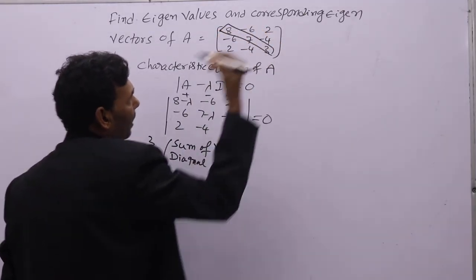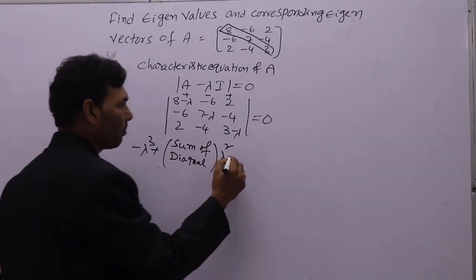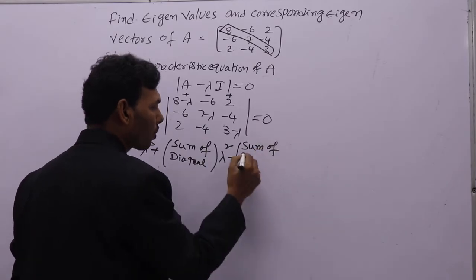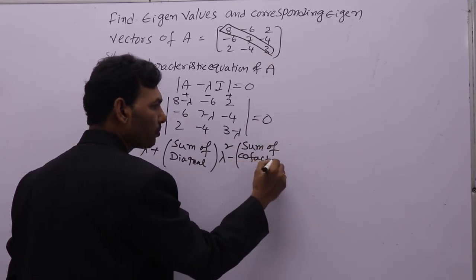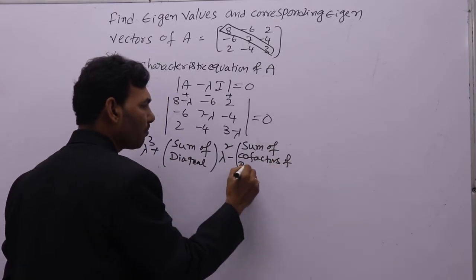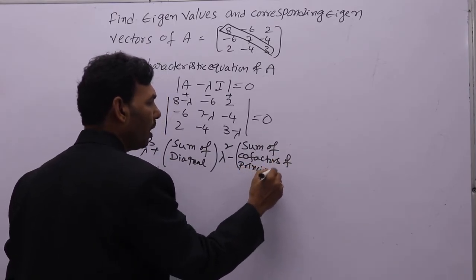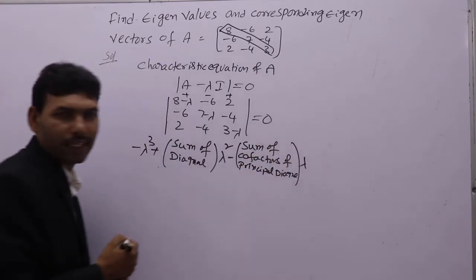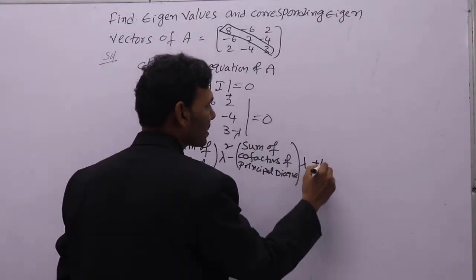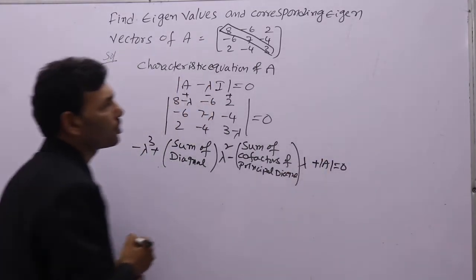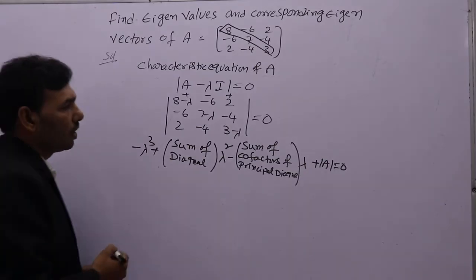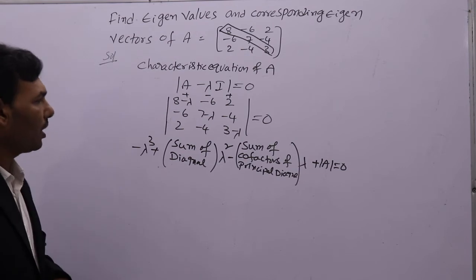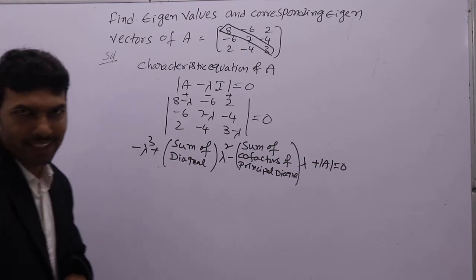Next, minus sum of cofactors of principal diagonal into lambda, plus det A equal to 0. So this is the simple shortcut formula to evaluate the characteristic equation.